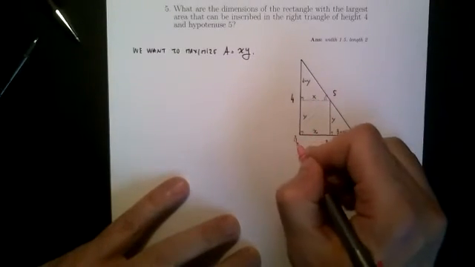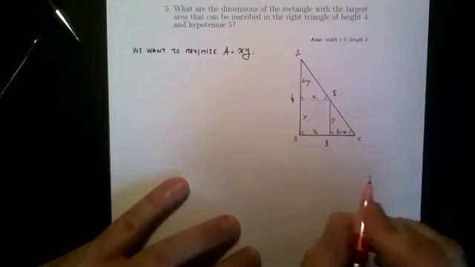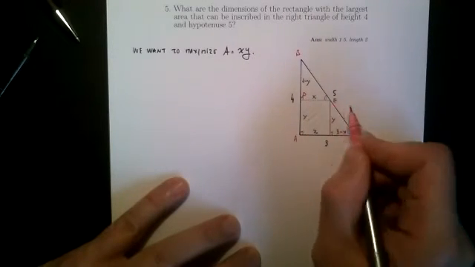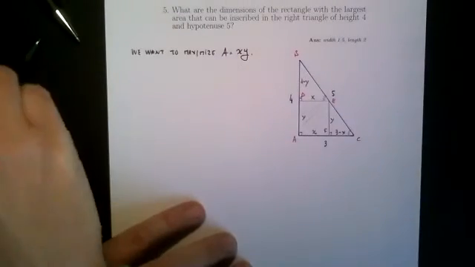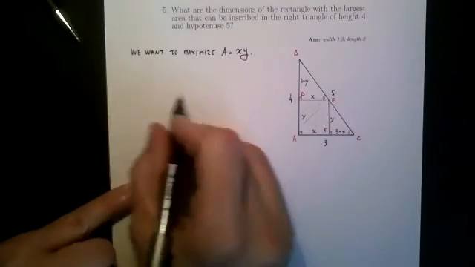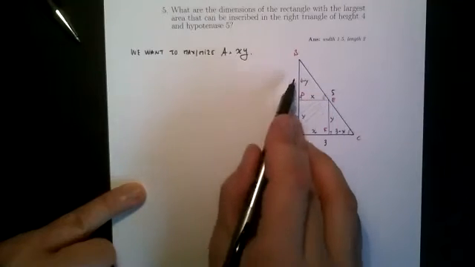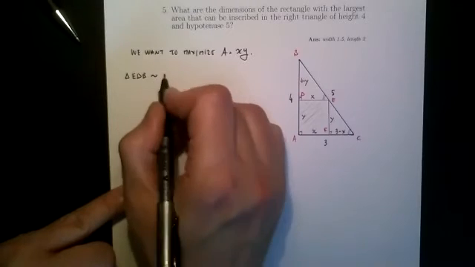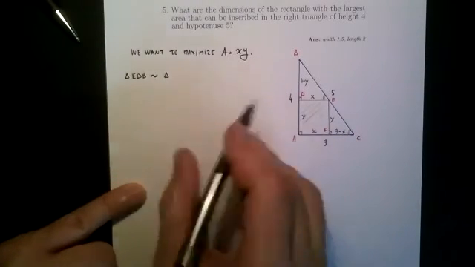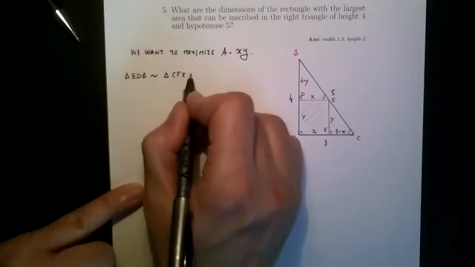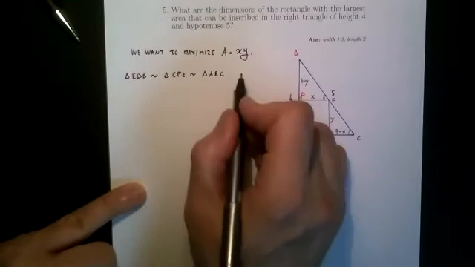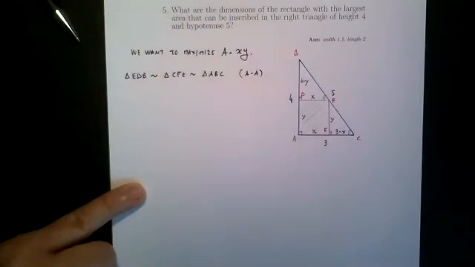So I'm going to call this triangle A, B, C, and here I'm going to call these points D, E, and F. So triangle EDB is similar to triangle CFE, which is similar to triangle ABC, because of the angle property of similar triangles.